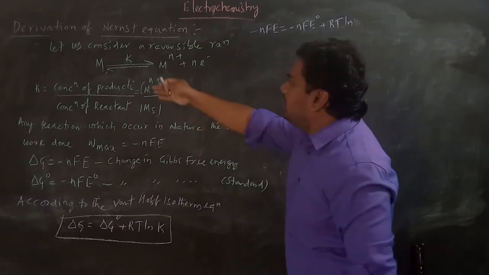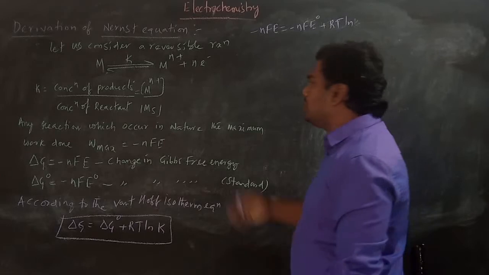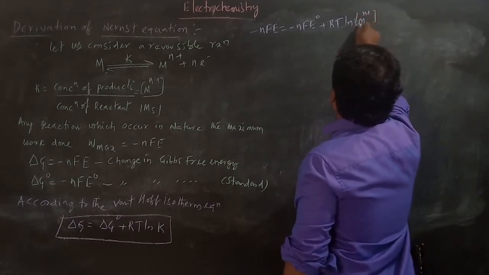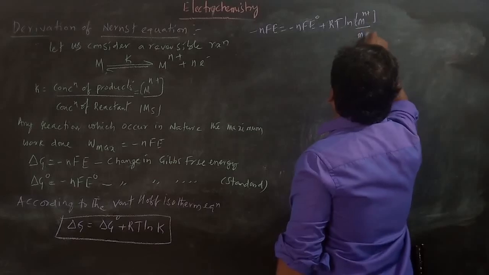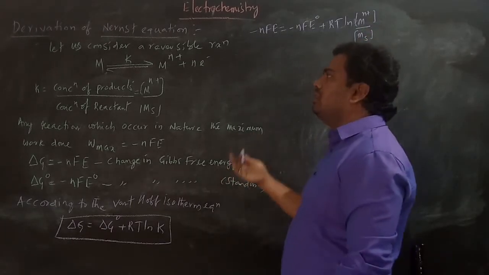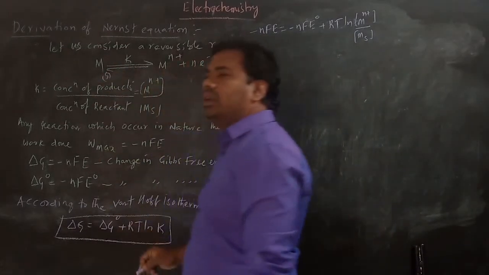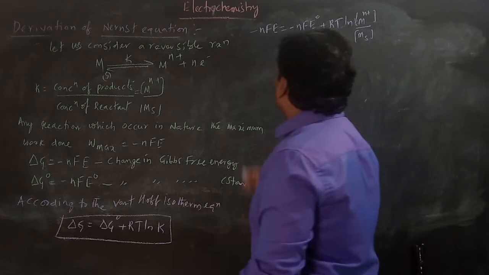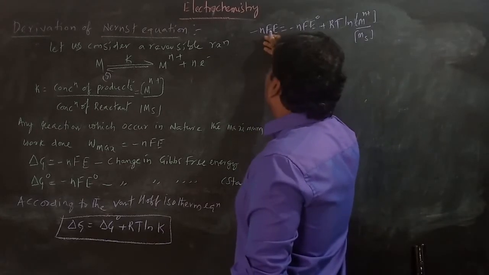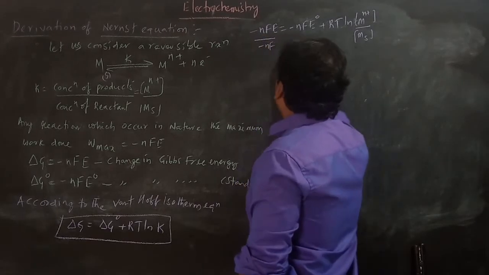K is nothing but the equilibrium constant, that is equal to the concentration of products divided by the concentration of reactant, that is M^n+ by M. Generally, when the metal is in solid state, we can take the value of solid as equal to 1. Here we divide this equation by minus nF.